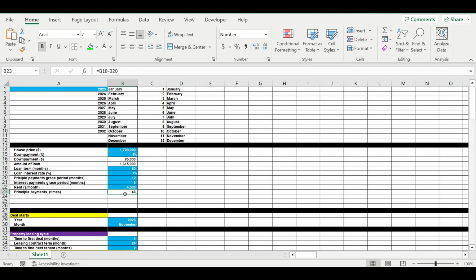So we will be paying principal 48 times, and the principal payment in dollars per month will be the amount of loan divided by this value. So this is the principal payment.